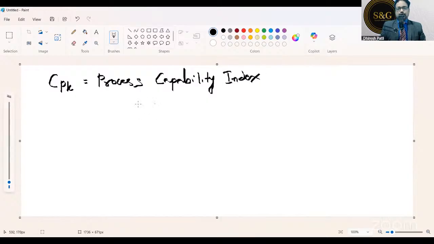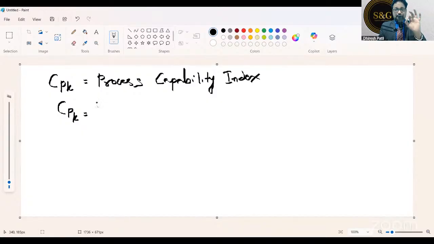Now in the CP formula, it was expected, it was understood, that your X bar and the target will remain exactly the same. But in real life, in reality, it does not remain the same. It always shifts, right? So what statisticians did was modify this formula.